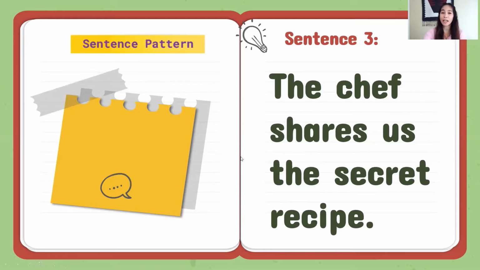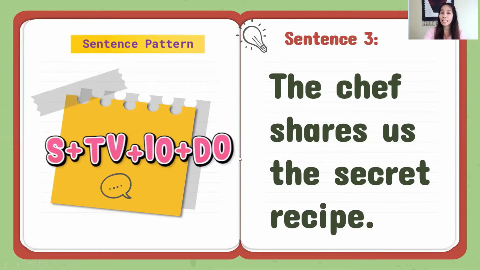The correct answer is STVIODO. Now our subject in the sentence is the chef. Shares is the transitive verb, meaning it has a direct object. Now in the sentence we have the indirect object and we have the direct object. Now what is the difference between the two?